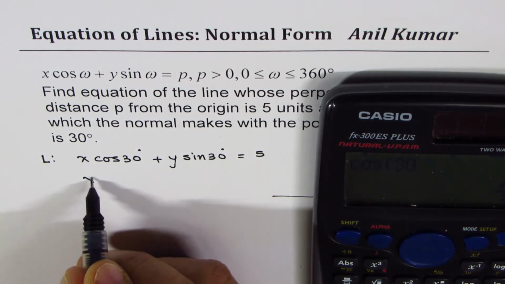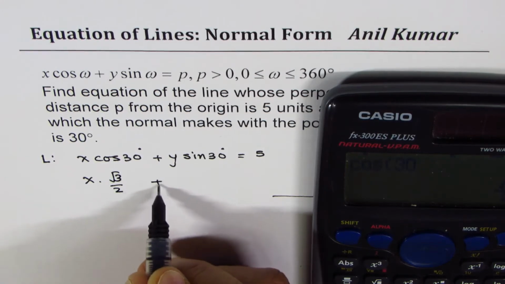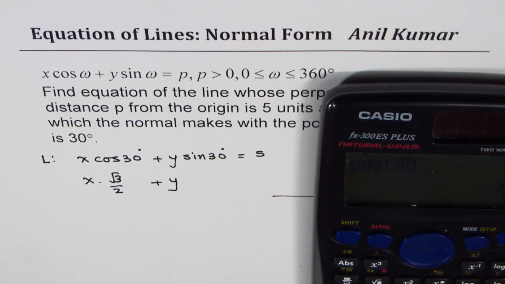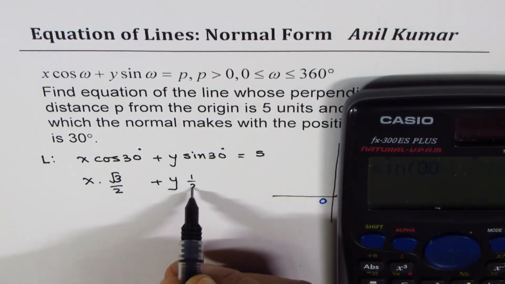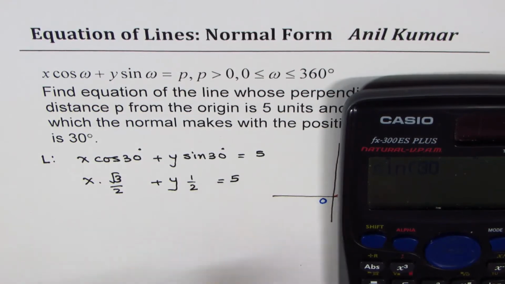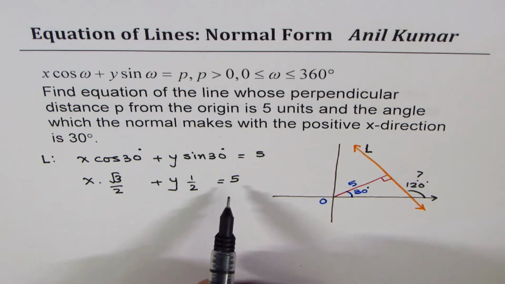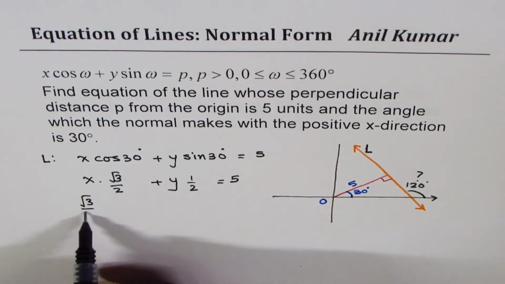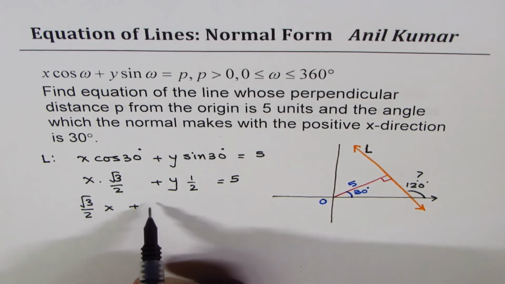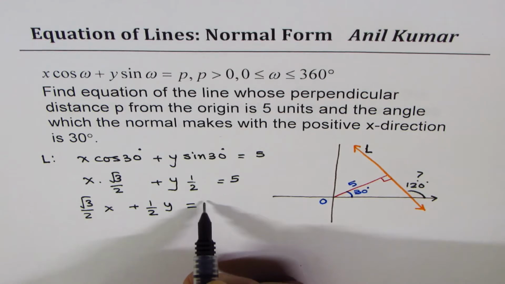So I could also write this as x times square root 3 over 2 plus y times sine 30, which is half, equals 5. Do you see that?